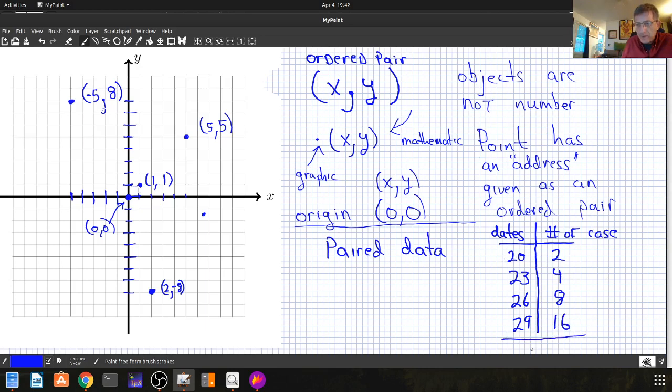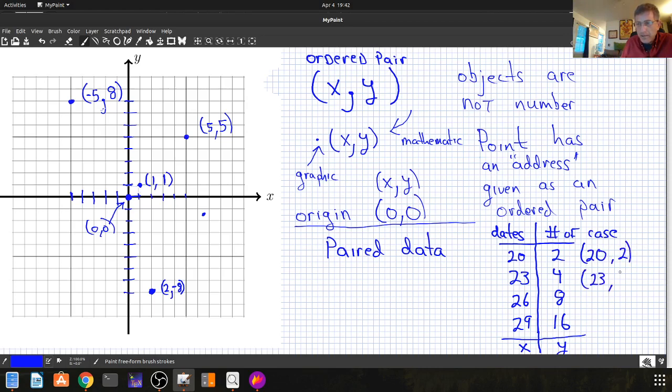If I actually consider the dates to be my x-coordinate and my number of cases, my y-coordinate, these correspond to points on a graph with the following coordinate values.